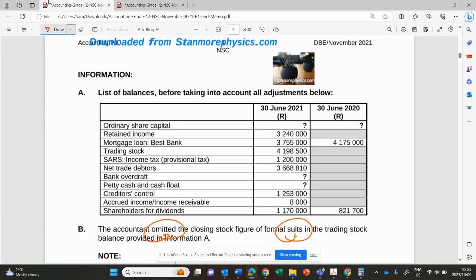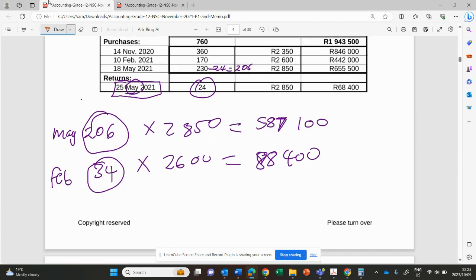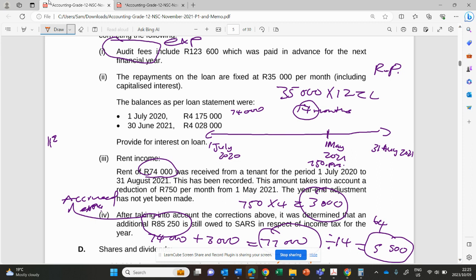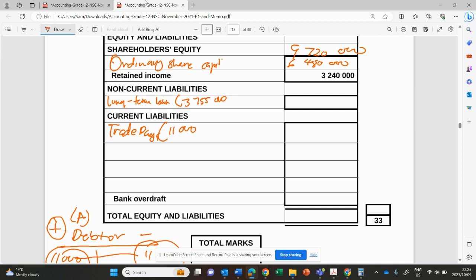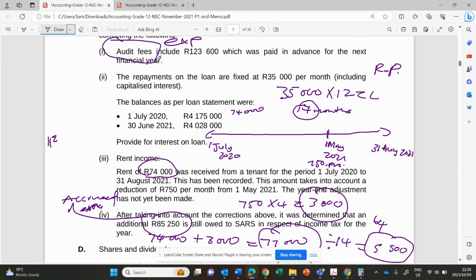I think the interest is capitalized there. If the interest is capitalized, it will be part of the long-term loan, so you're going to add the interest here. How did you get the interest?